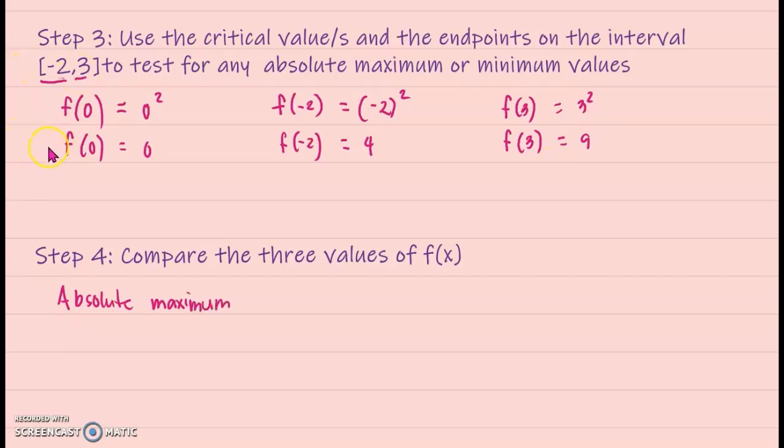So among the three values of f of x, first find which among the three has the highest value. Of course, it's 9. So our absolute maximum value is 9. That is when x is equal to 3.